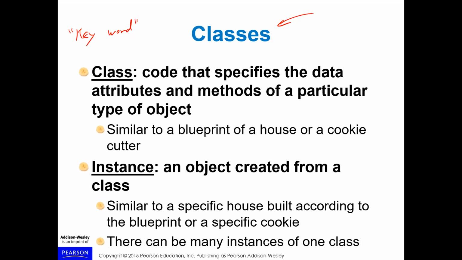So a class is code that specifies the data attributes and methods of a particular type of object that you thought of, okay? And I said this before, it's similar to a blueprint of a house or a cookie cutter, right? It's just some idea of how things are going to work. And then after you've defined, so here you define, and then here you create.